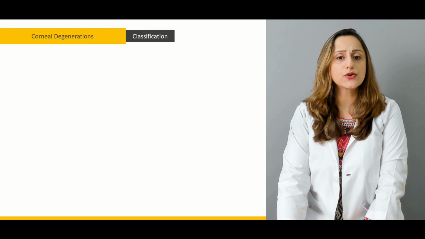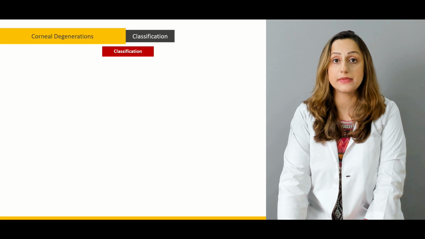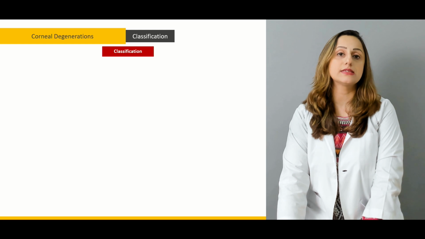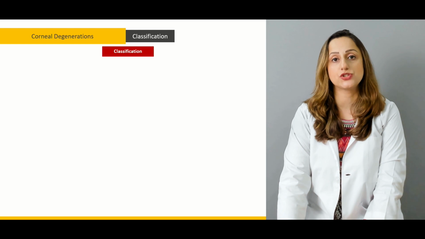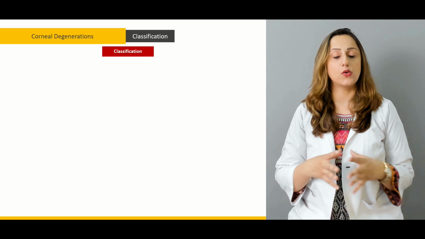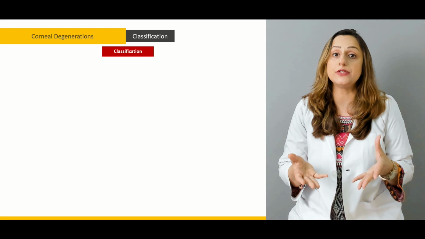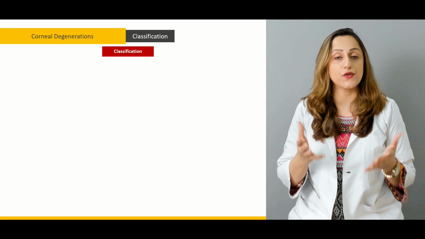Now, when we come across these corneal degenerations in our outpatient departments, we have a specific clinical classification as well. Depending upon the location of the cornea that is involved, it can even be the peripheral structures of the cornea.